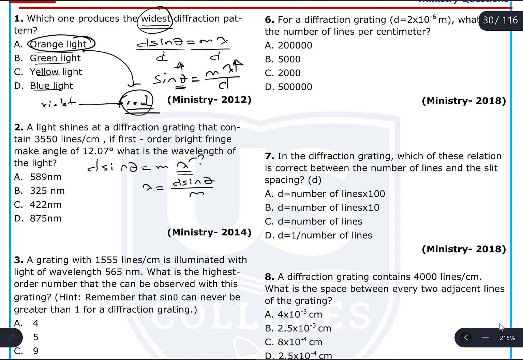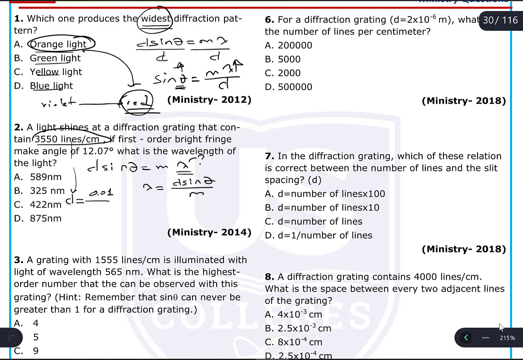First we should calculate d. This is the number of lines per centimeter. In 1 centimeter there are 3,550 lines. So if we divide 1 centimeter by 3,550 lines, we will get the slit spacing. But I'm going to calculate slit spacing not in centimeters but in meters. That's why 1 centimeter is equal to 0.01 meter.